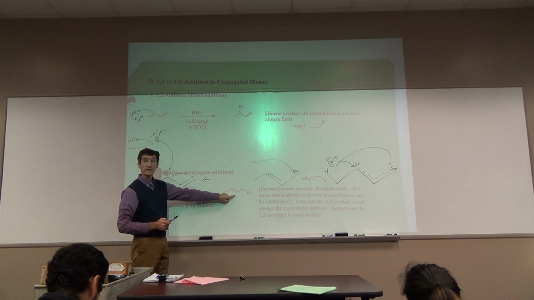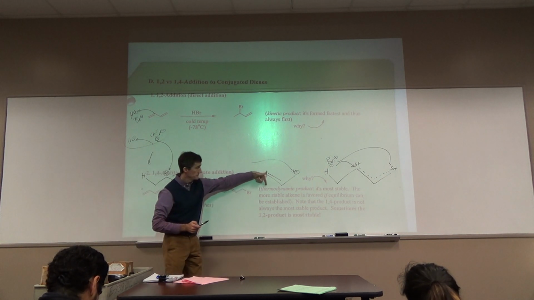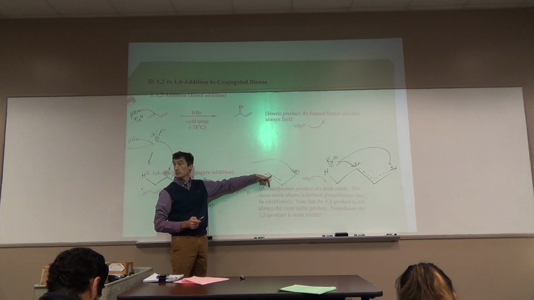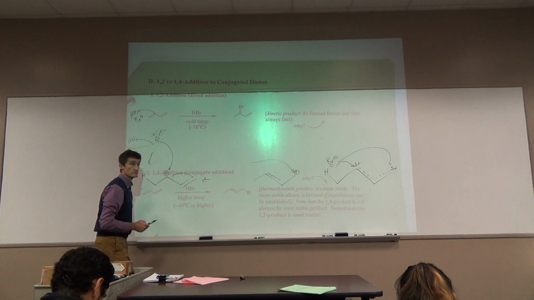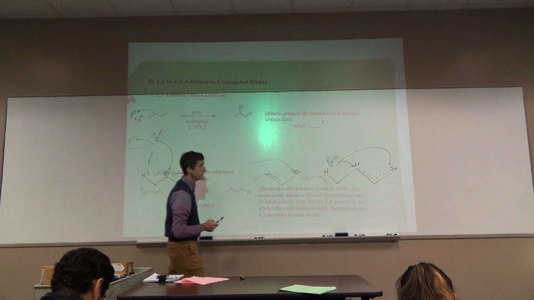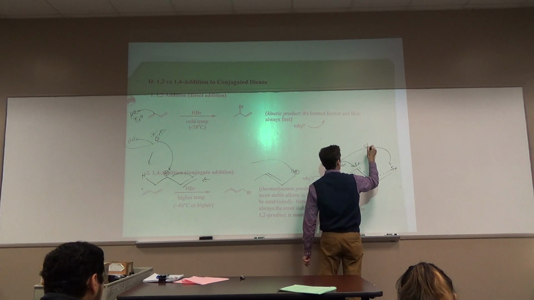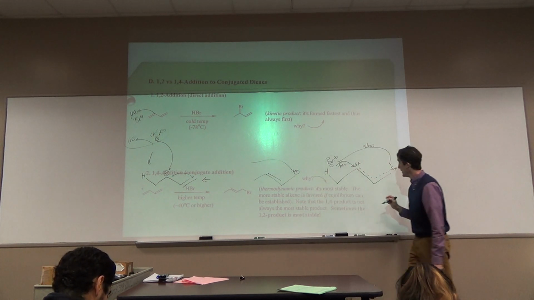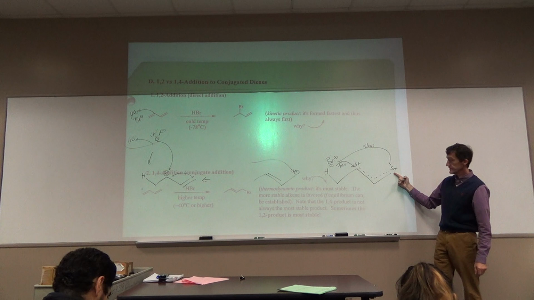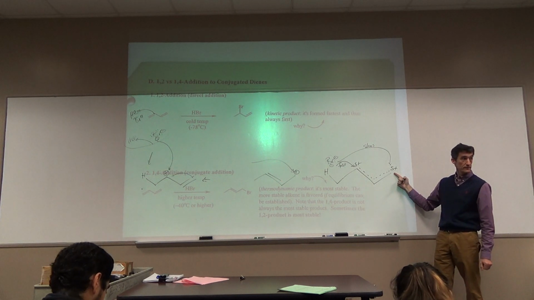So this is the thermodynamic product, which means it's the more stable product. Right? So this is fast. This is slow. But attack here gives the more stable product. It's just slower.